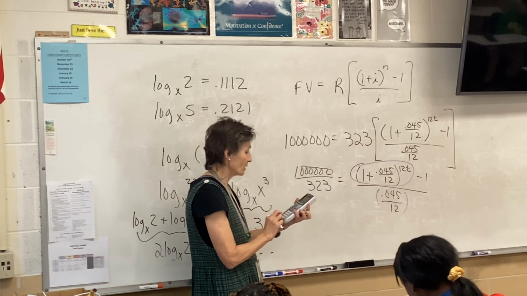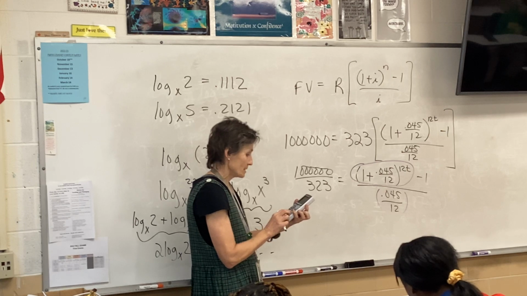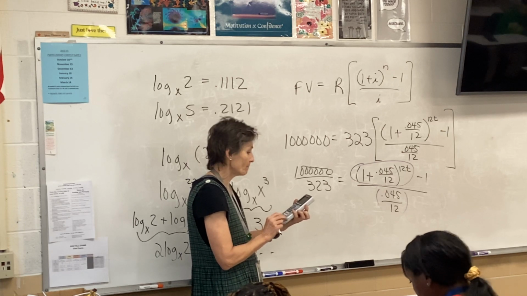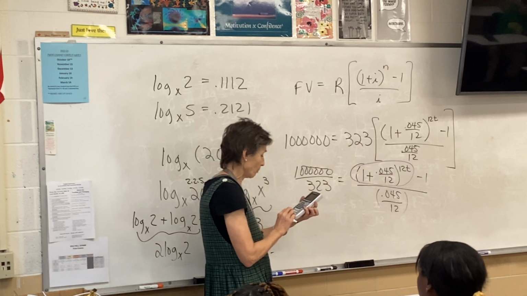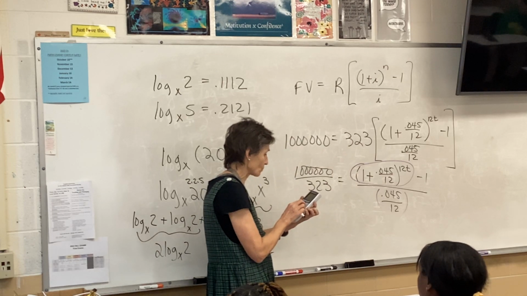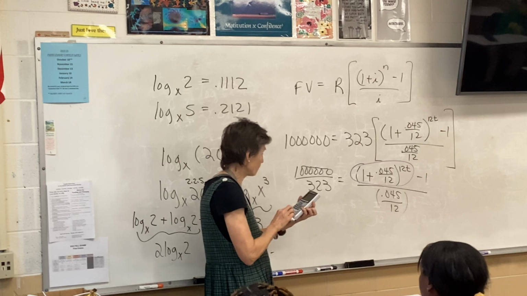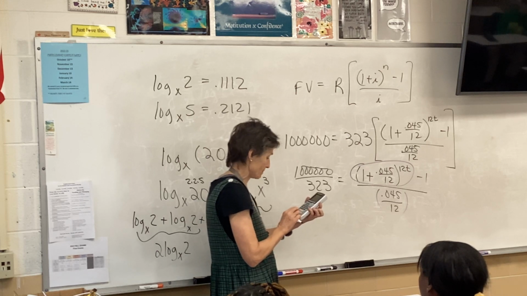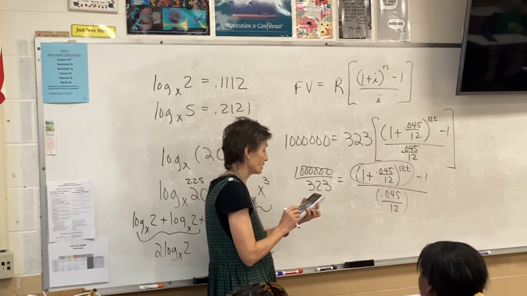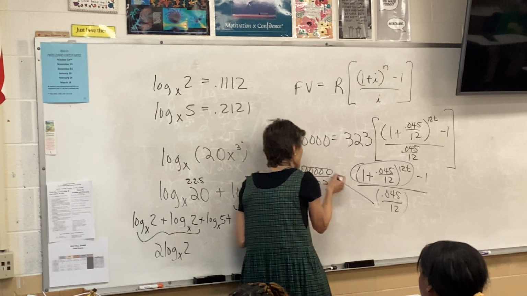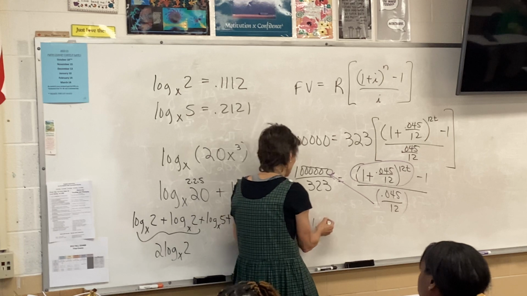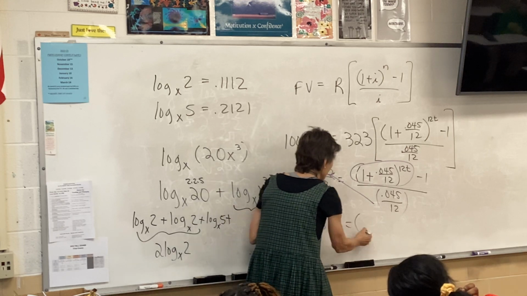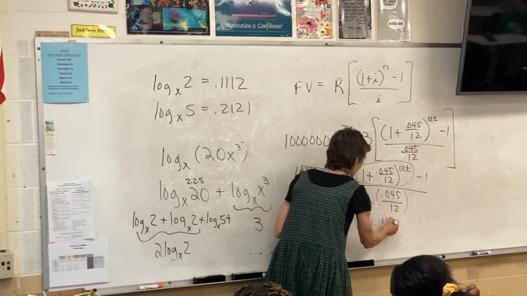I'm going to take 1,000,000 divided by 323, and then multiply it by 0.045 divided by 12. So this number is now over here. So I have like 11.6 something equal to this now, Meg.